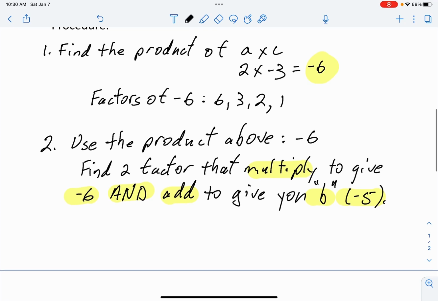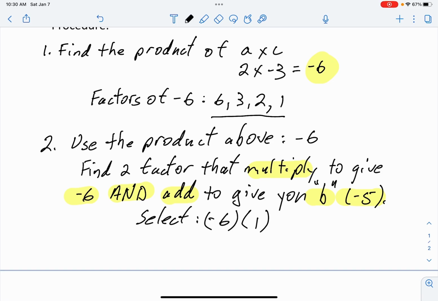So let's look at our list of numbers up above here. Here are our factors, 6, 3, 2, and 1. And you can change the sign. So I'm going to say select minus 6 and 1, right?